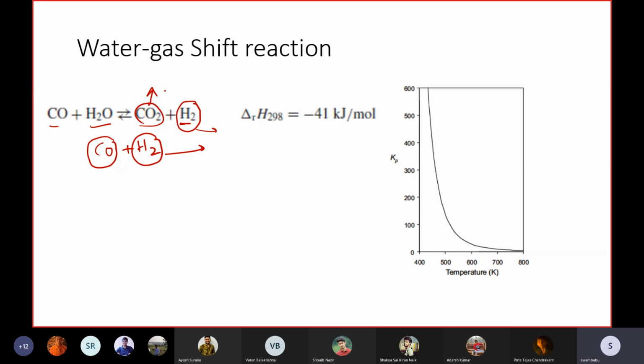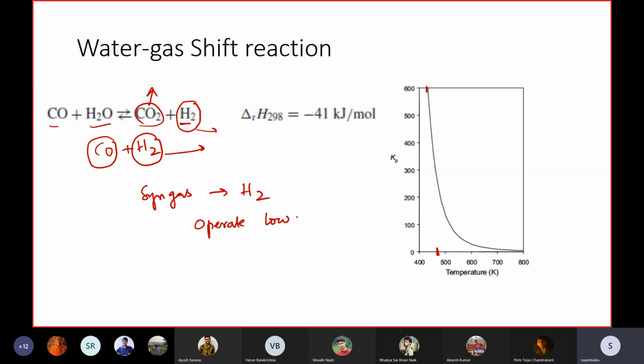One important thing I want to highlight: if you want to use this water gas shift reaction, again we need a catalyst. And if you look at the thermodynamics, the conversion is very high at low temperatures. So if you want to convert syngas to hydrogen, we need to operate at low temperature.